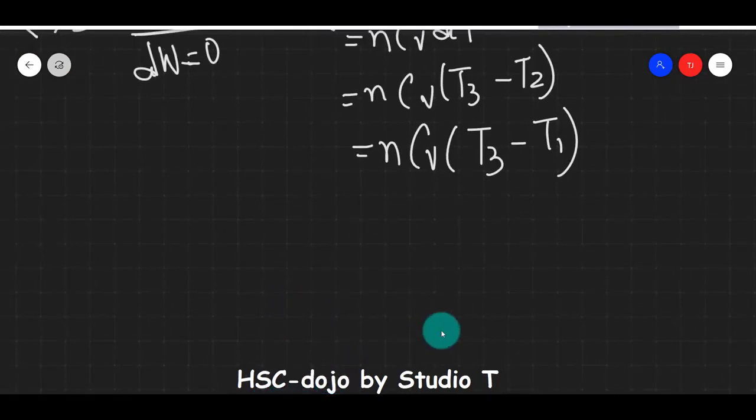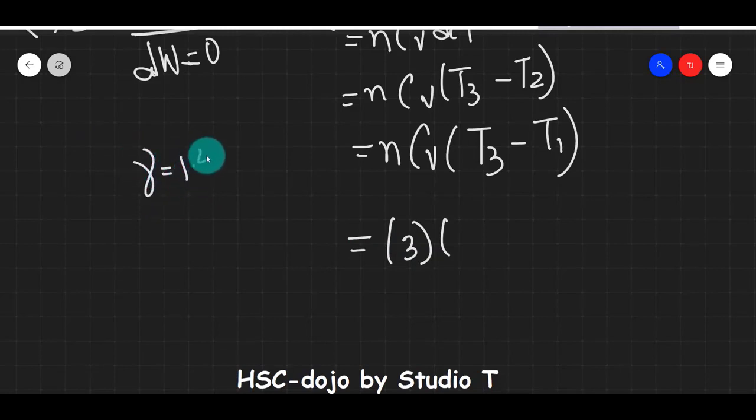So we have found T3, then we can use this equation to find the exchanged heat or heat change while going from 2 to 3. That will be n is 3. As hydrogen is a diatomic gas, we all know for a diatomic gas gamma is 1.41, and we all know Cv is R by gamma minus 1. So let's plug in.